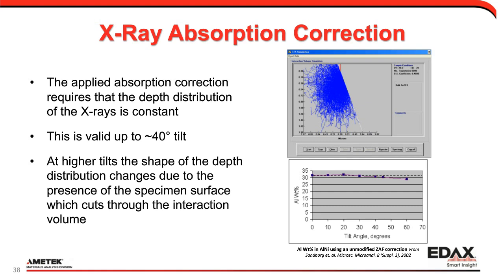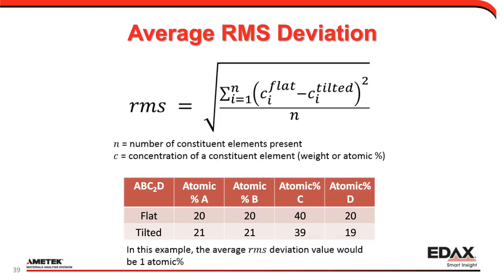So to help to account for that, I did a little study here where we compared how the chemistry is measured and quantified with the sample flat under normal EDS conditions, and then when we tilt it to 70 degrees, how much it changes. So I just used a basic root mean squared deviation to get an idea for how much a compound will change from a flat analysis to a tilted analysis.